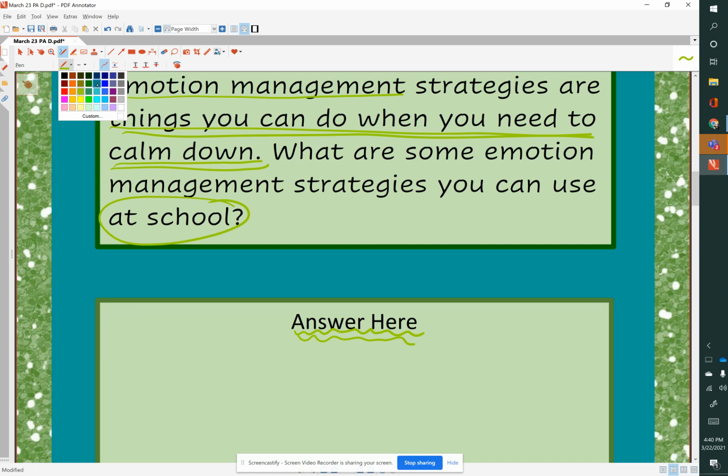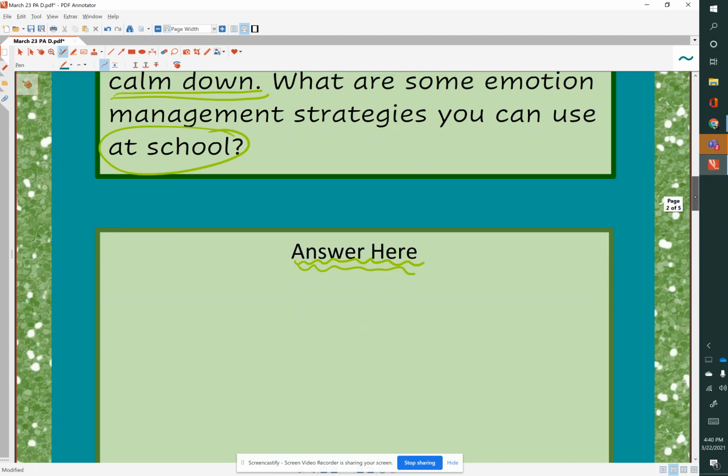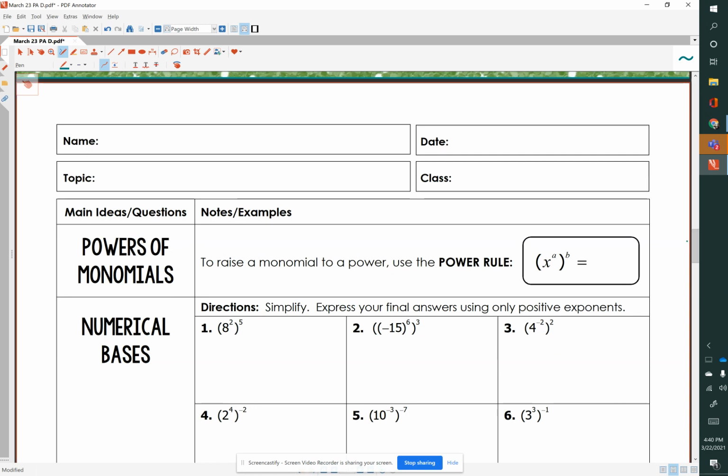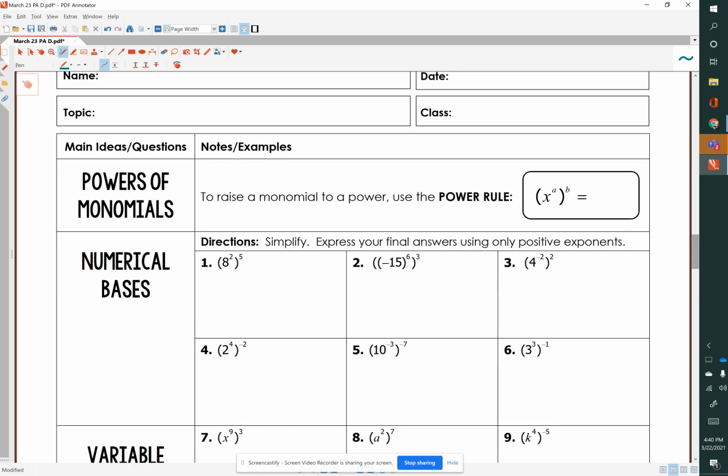So let's get a darker color ready, and let's get into our lesson. Right now, what we're doing is raising a power to a power. It's called a monomial. It's one term where you have an exponent and then parentheses, and you're raising everything inside the parentheses to another exponent.